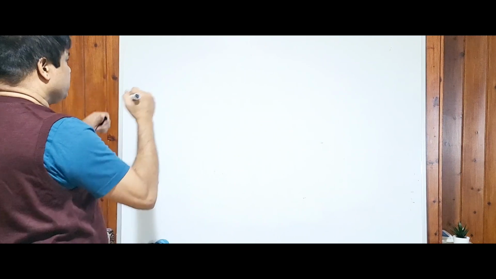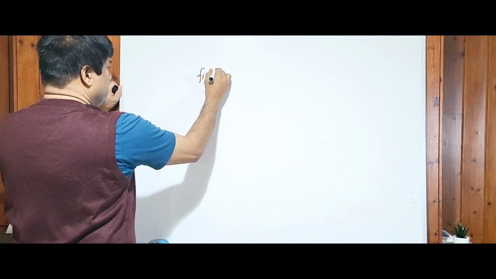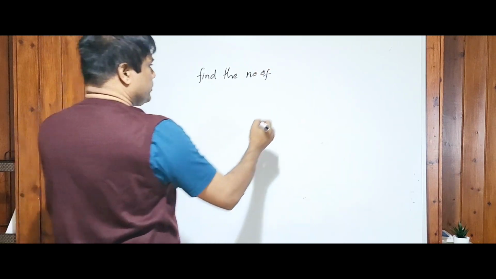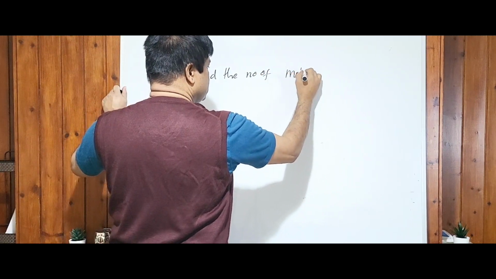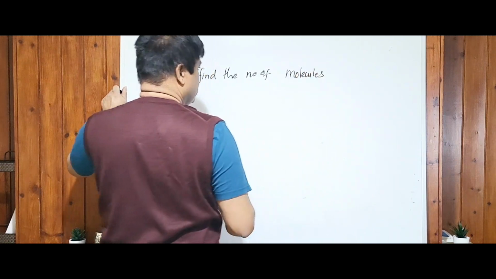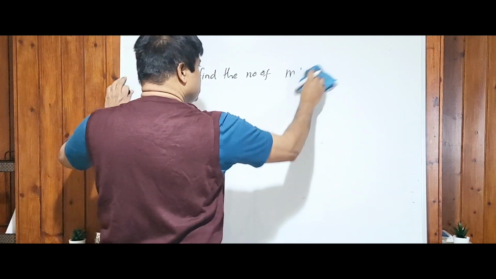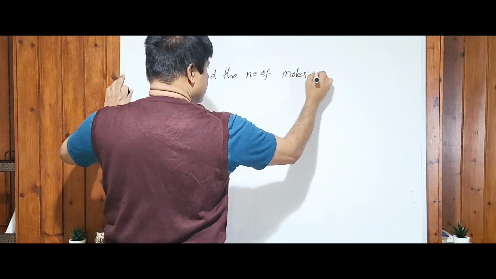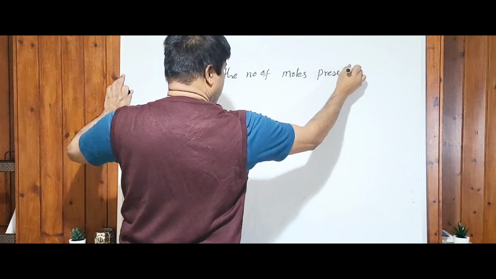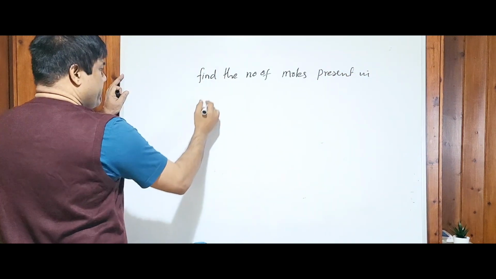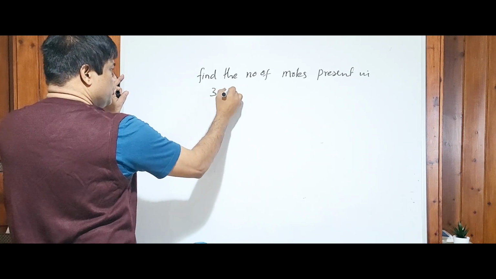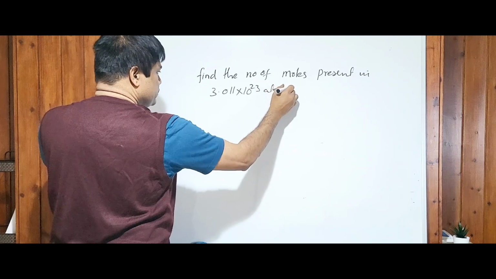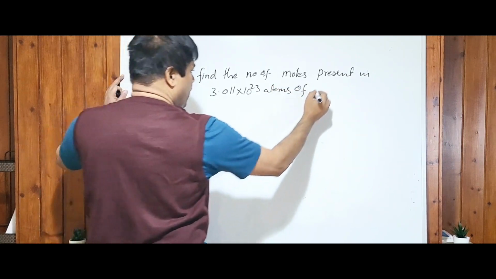Find the number of moles present in 3.011 into 10 to the power of 23 atoms of aluminium.